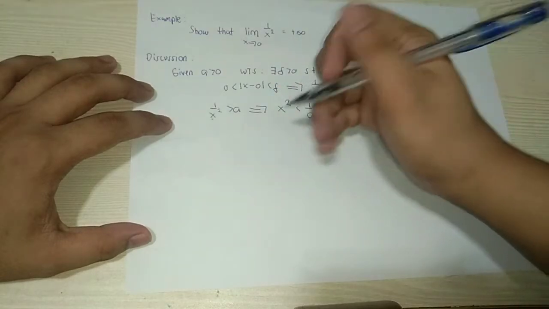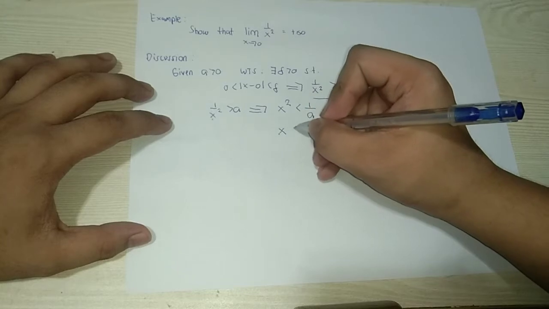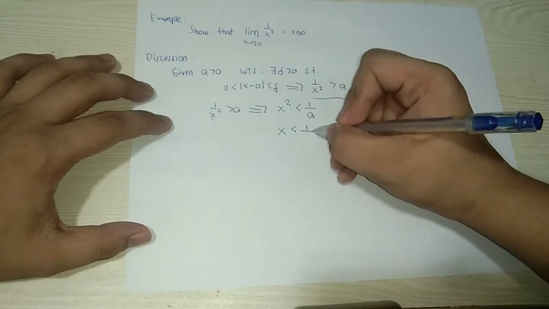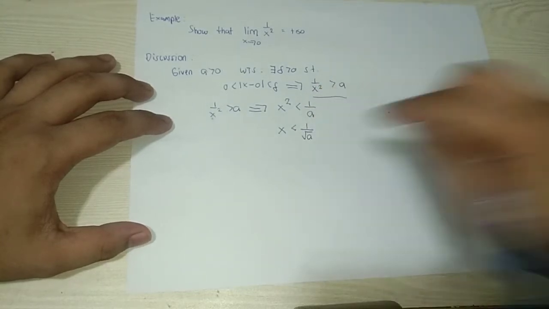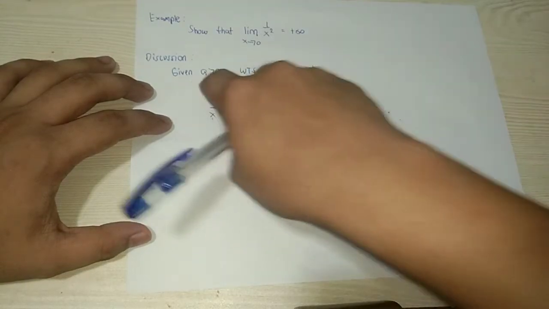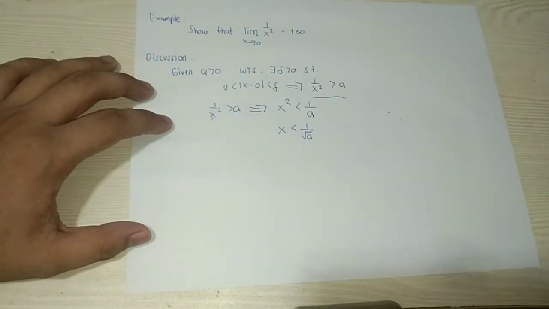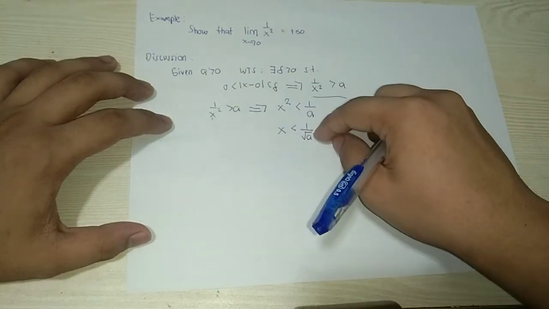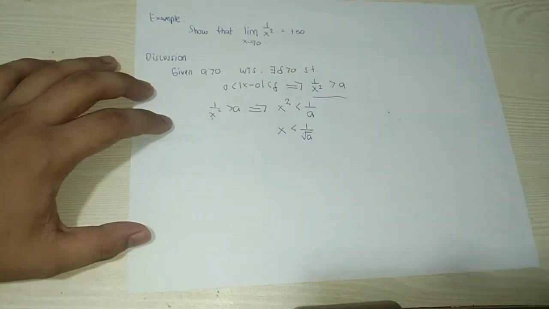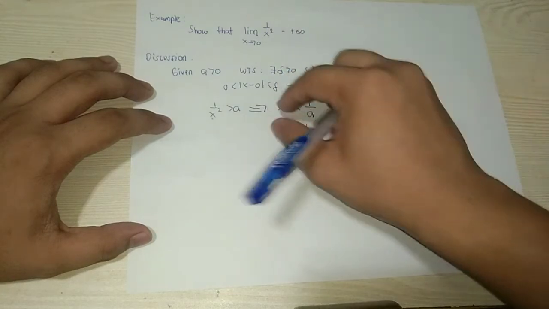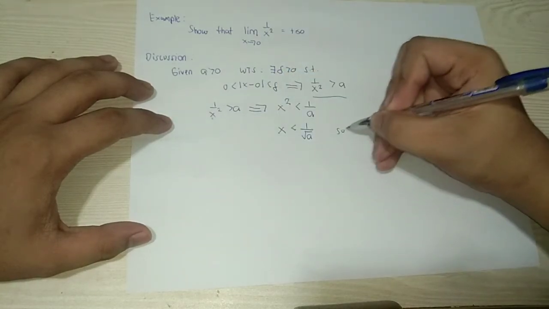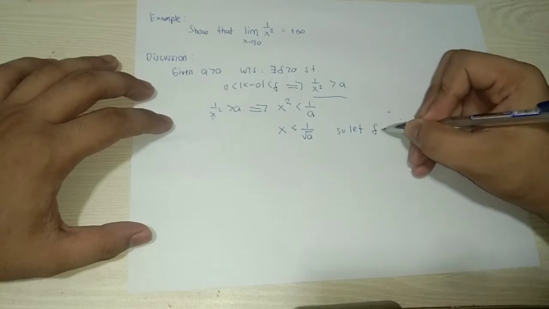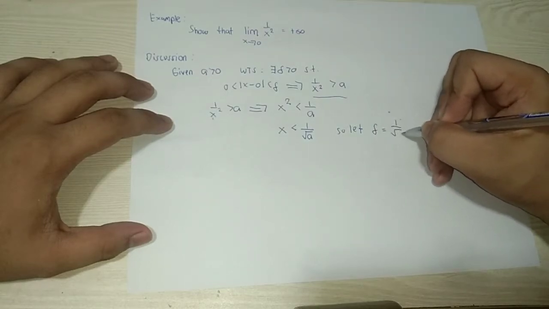And then kunin natin yung square root ng both sides. So absolute value of x will be less than 1 over square root of A. So makikita nyo, naka-square root na yung A. So that's why our A must be greater than 0. Okay? So ito yung x natin. x must be less than 1 over square root of A. So ito yung magiging delta natin. So let delta be 1 over square root of A.